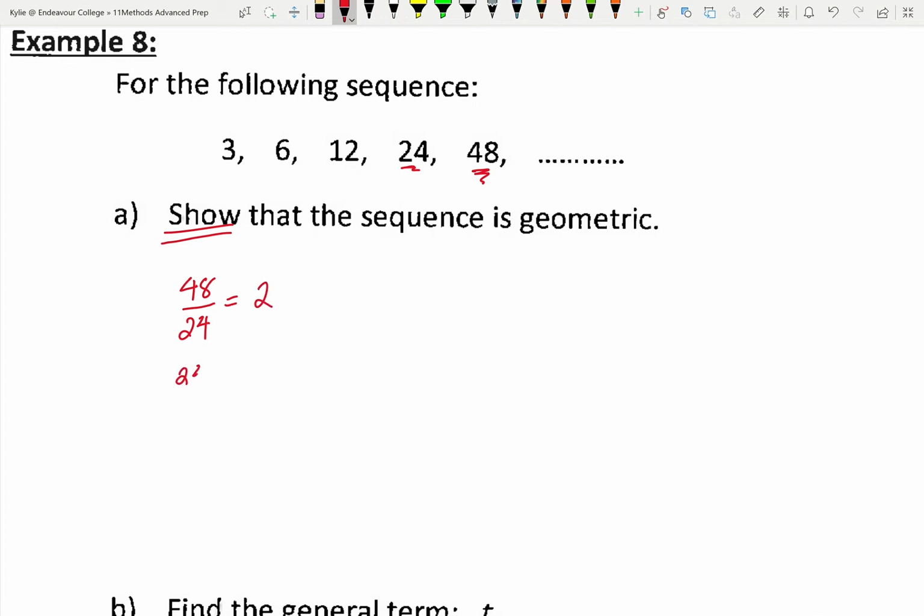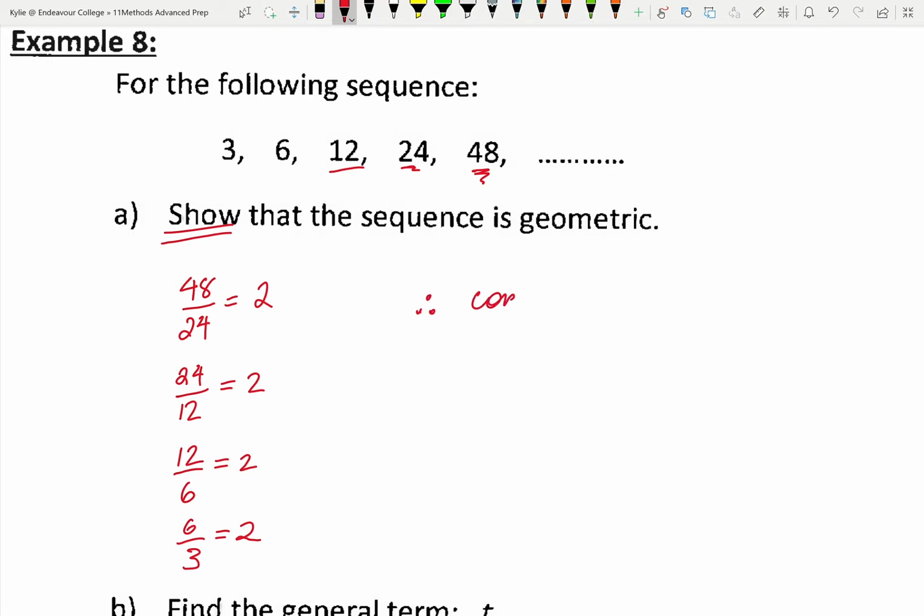Then 24 divided by its previous term, which is 12, is 2. 12 divided by the previous term, 6, is 2. And 6 divided by the previous term, which is 3, gives us 2.